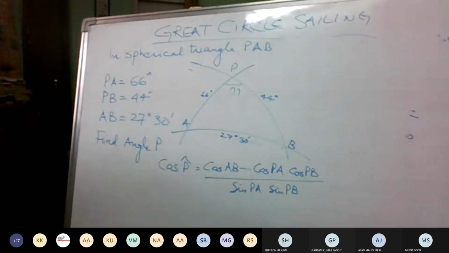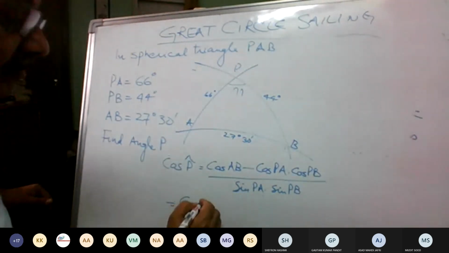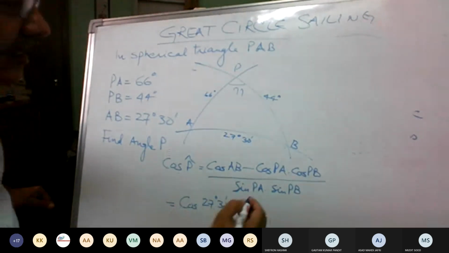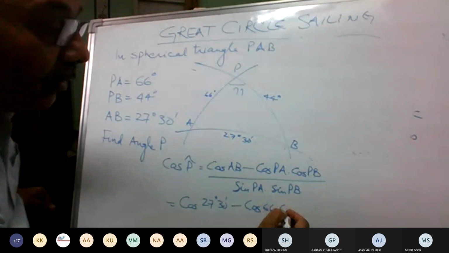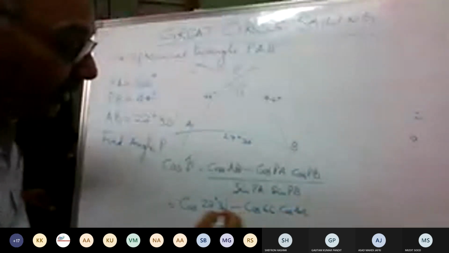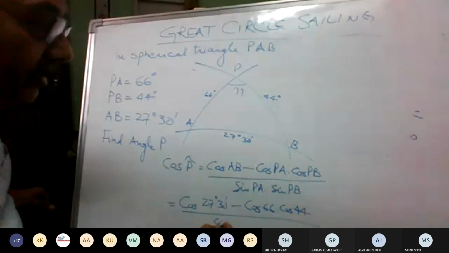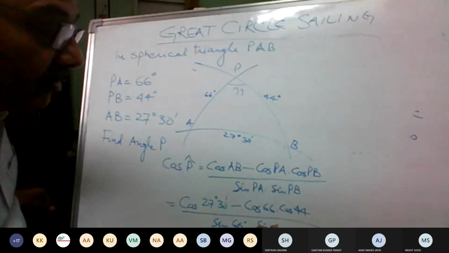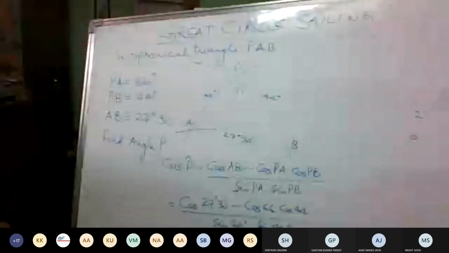ओके, यही है ना। अब वैल्यू डालिए, इज इक्वल टू cos of 27 degrees 30 minutes minus cos of PA 66 degree into cos of 44 degree divided by sin of PA कितना 66 degree, sin of 44 degree. बोलिए वैल्यूज निकालिए आप, कितना आ रहा है?